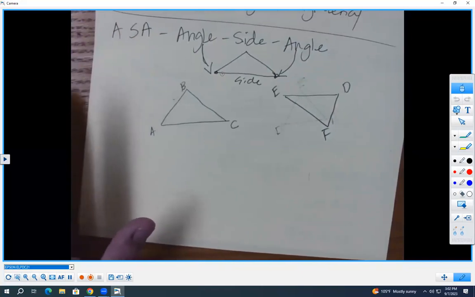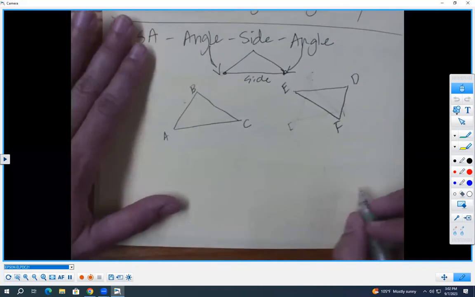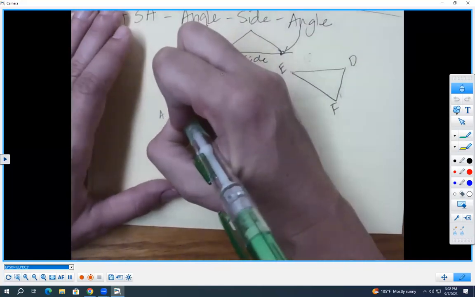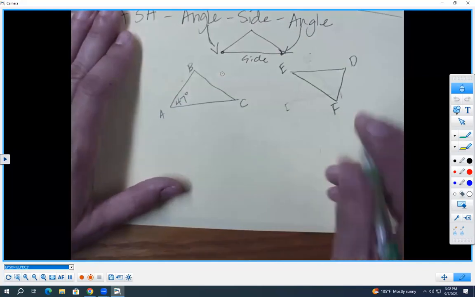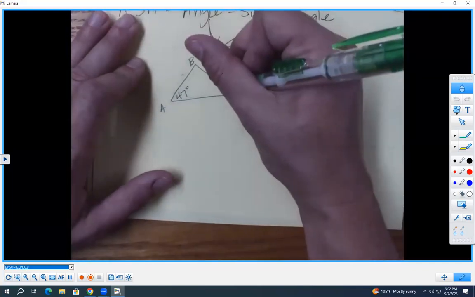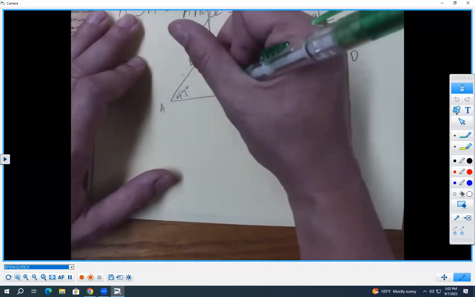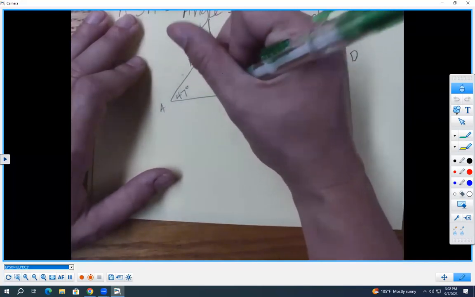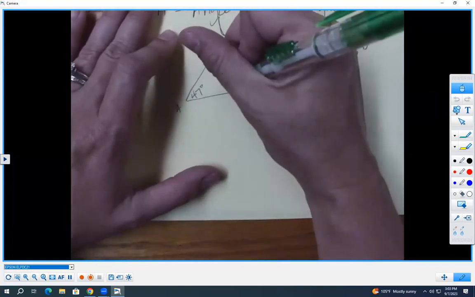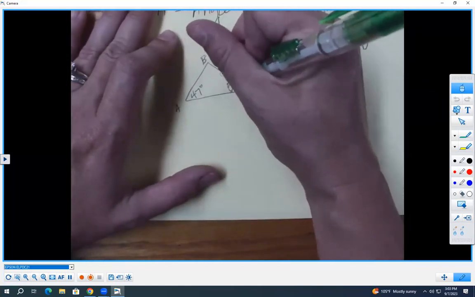Okay, so I have these two triangles, and I tell you that this angle right here is, I don't know, 47 degrees. And I tell you this angle right here is less than 47. Not drawn to scale, okay? Let's say it's 58 degrees.